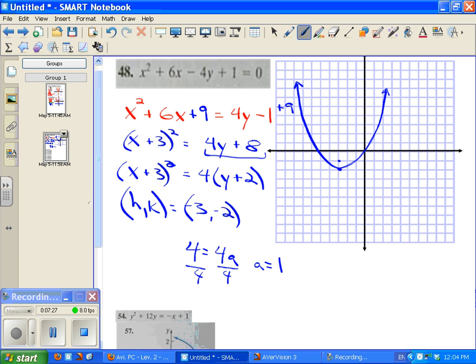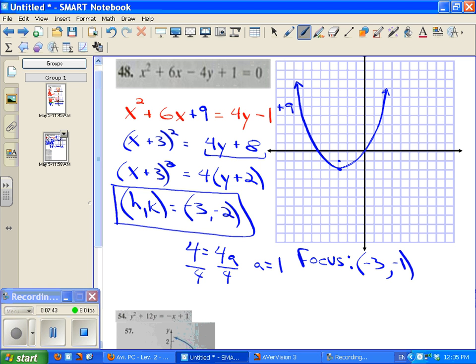Okay, so we have our vertex. We know where our focus is now. What is it? Negative 3, negative 1. And then the other thing is y equals negative 3. y has to be negative 3 because it's going to be this line that does that.